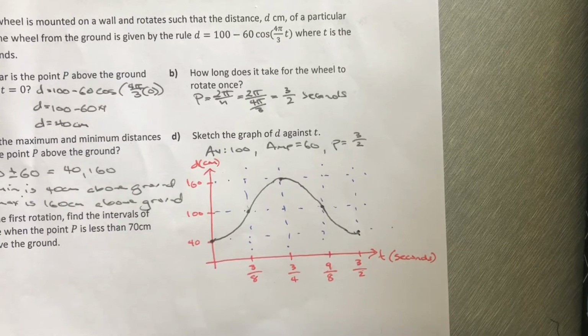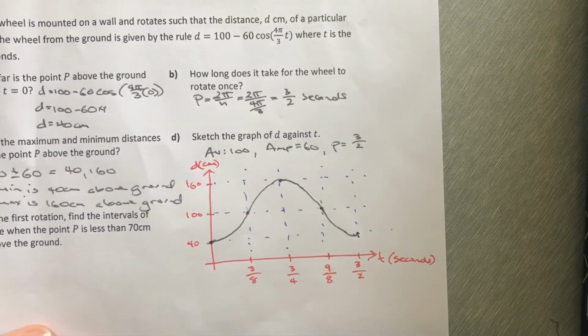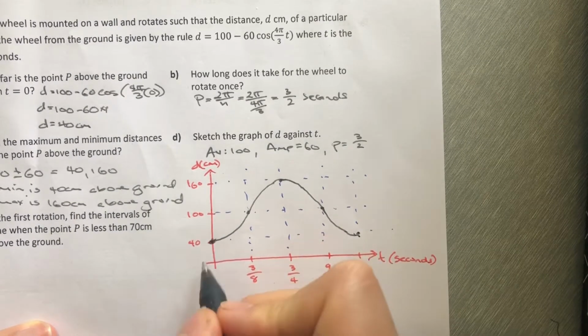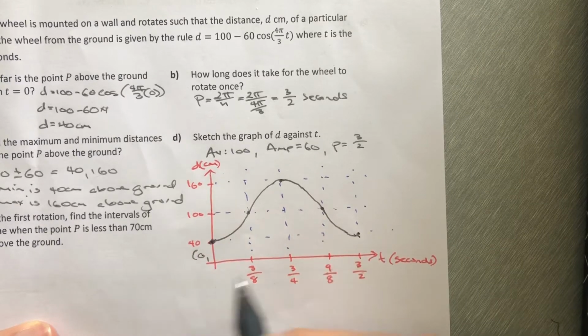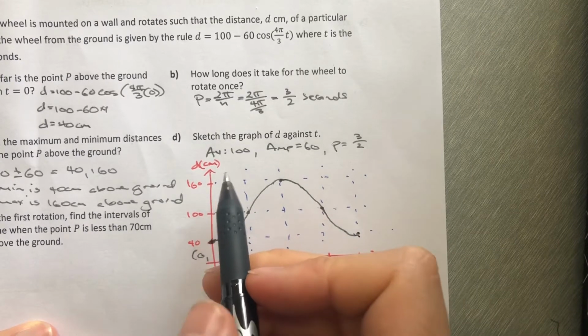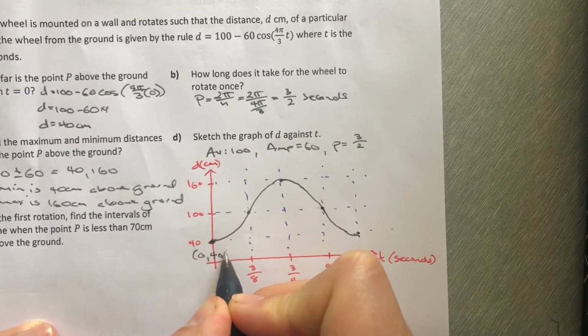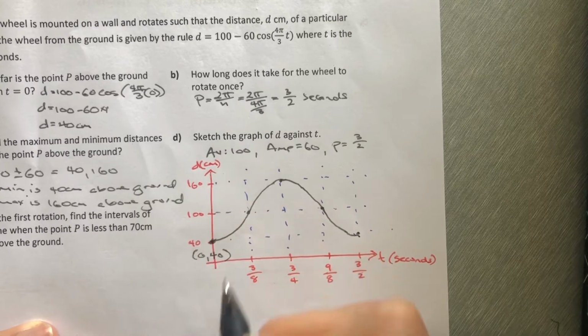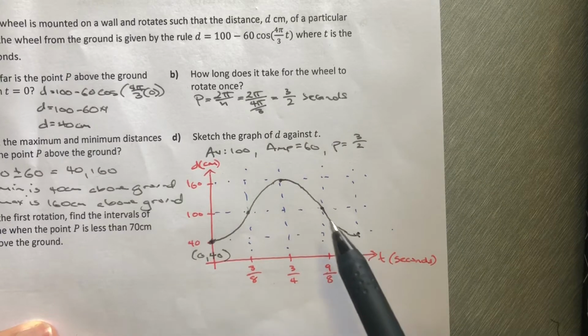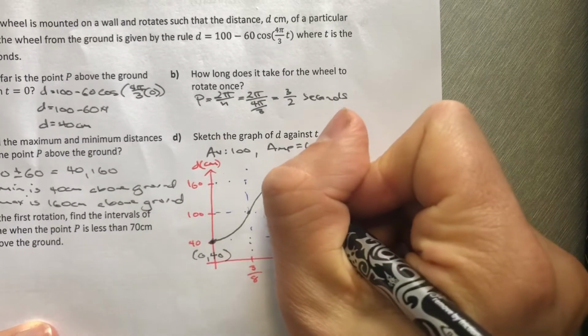Now we can also see any key points that we need. So there's an endpoint here. We can see that that's when x is 0 or t is 0, and d is 40. There we go. We can see that there's a maximum here.